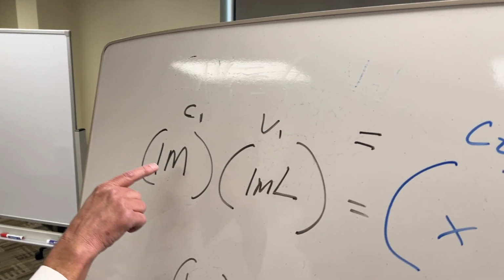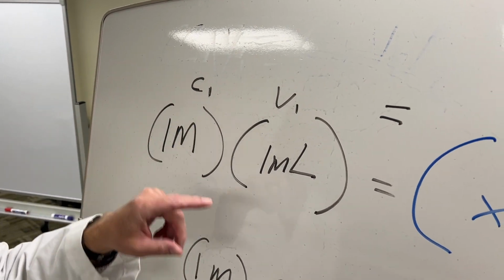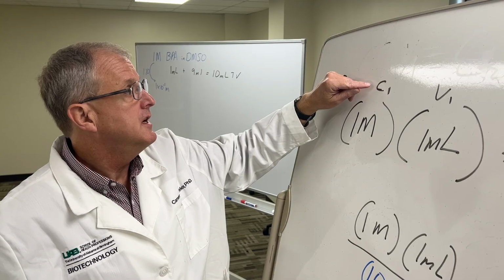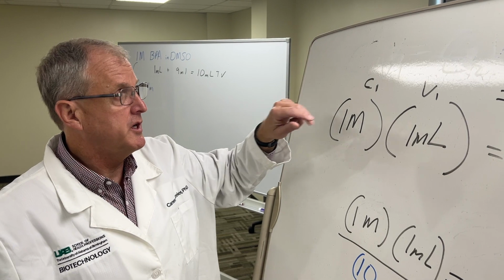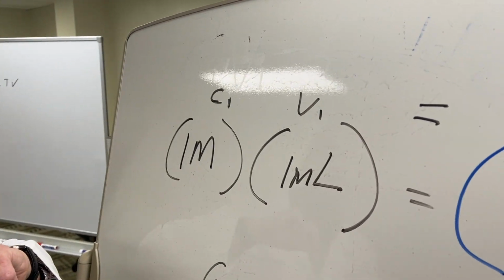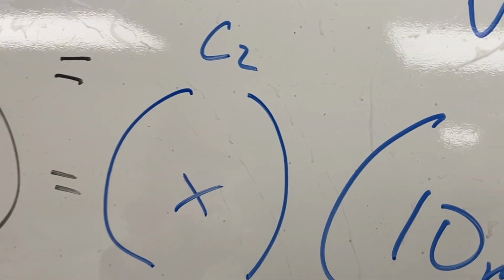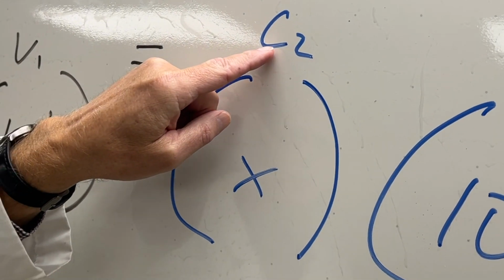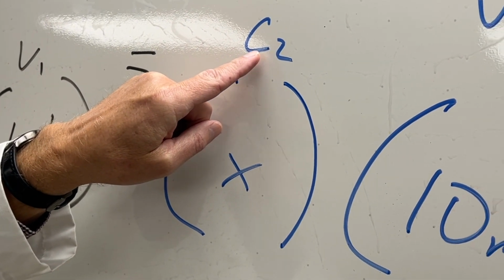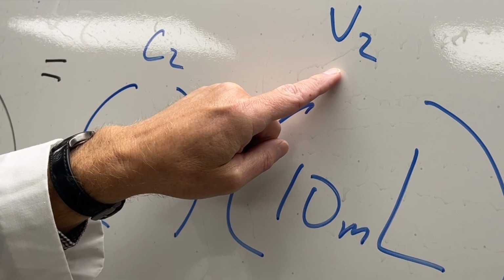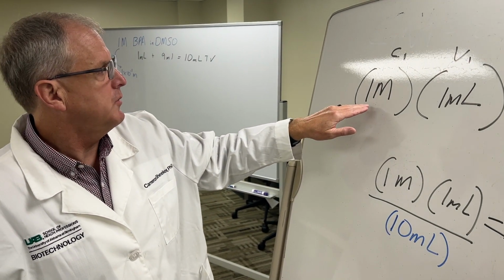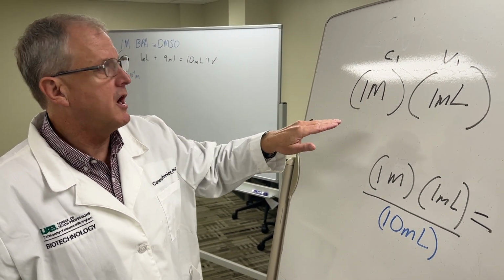We're going to go back to our good friend, the C1V1 equals C2V2. C1 is the initial concentration. V1 is the initial volume, and that will always equal the final concentration, which is C2, with the final volume. Now, if we plug this in, we are starting with our 1 molar stock of BPA.